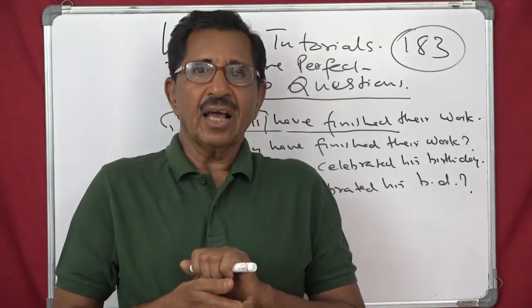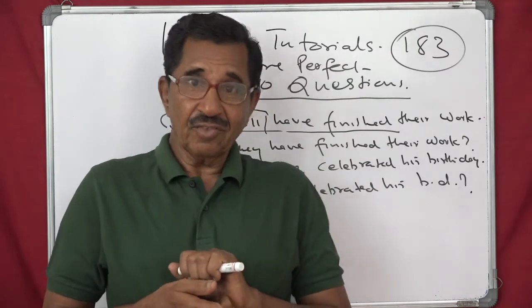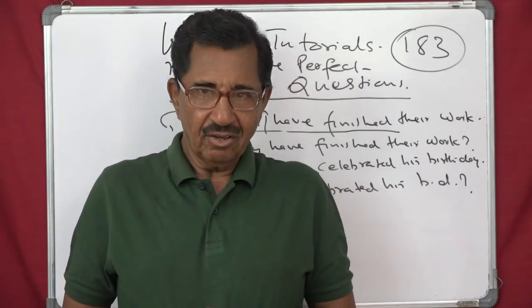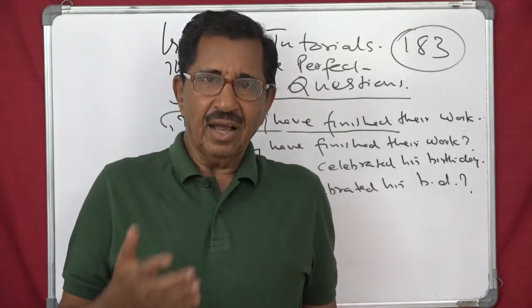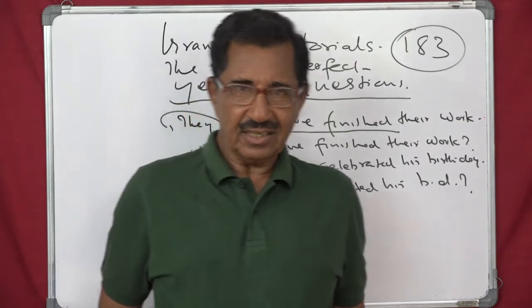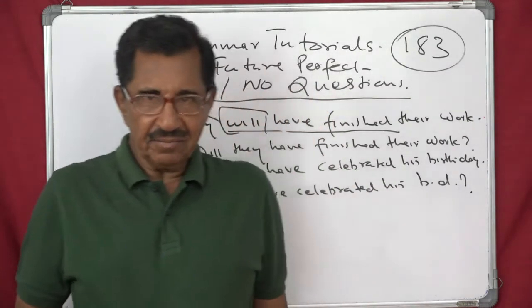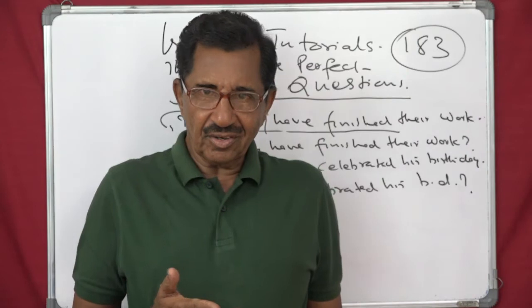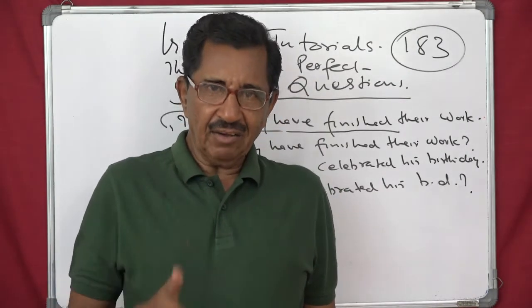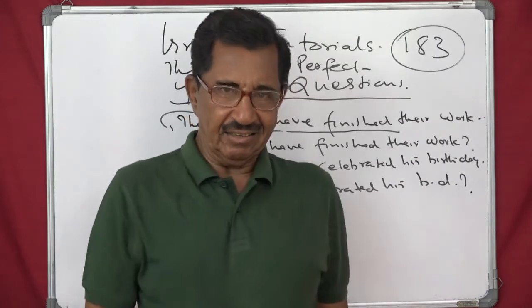You can say Bhima will have killed Baka. Will Bhima have killed Baka? Understand? Hanumanji will have reached Sri Lanka. Will Hanumanji have reached Sri Lanka?